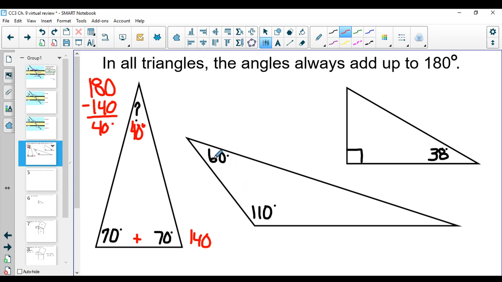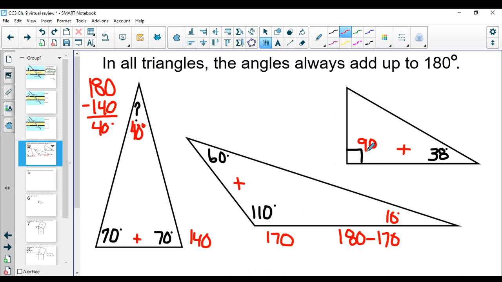Same thing here. If I add 60 plus 110, I get 170. What's left from 180, if I've already used 170, 180 minus 170 is 10. And the last one appears as though we don't know two of the angles, but whenever we have that square in the corner, we know that that's 90.